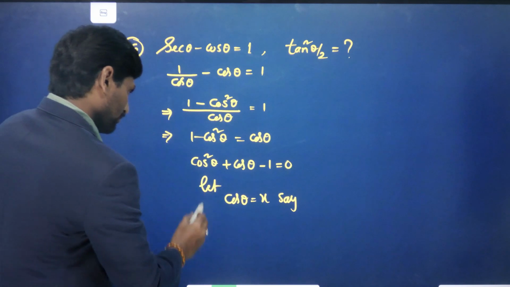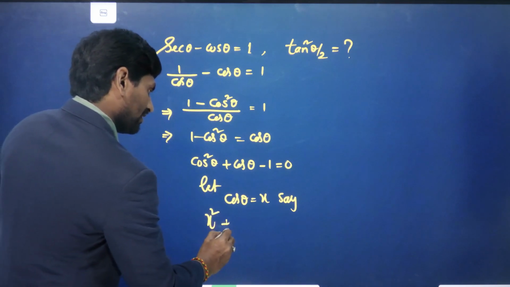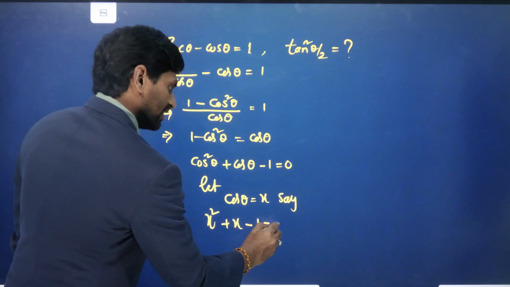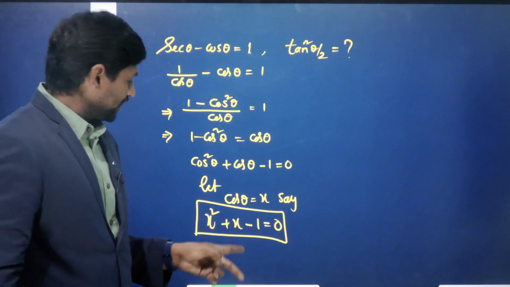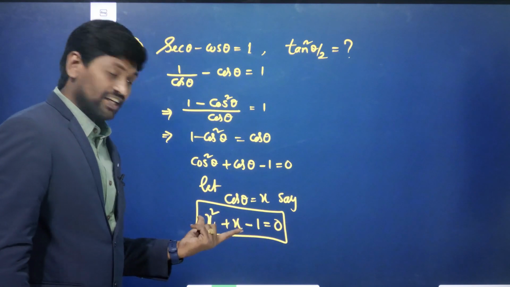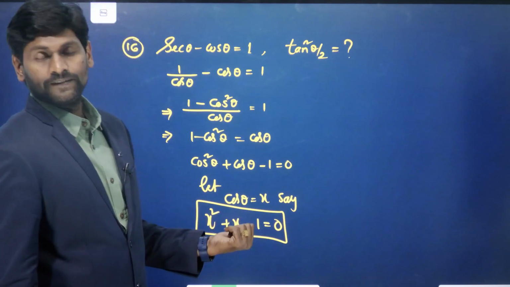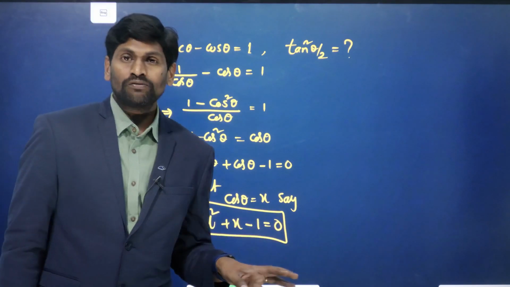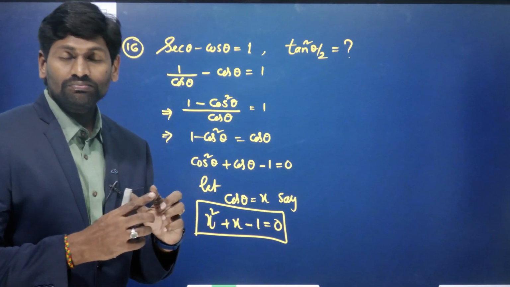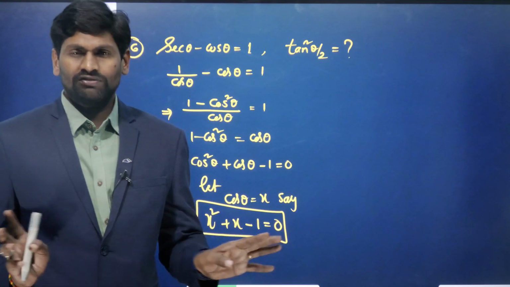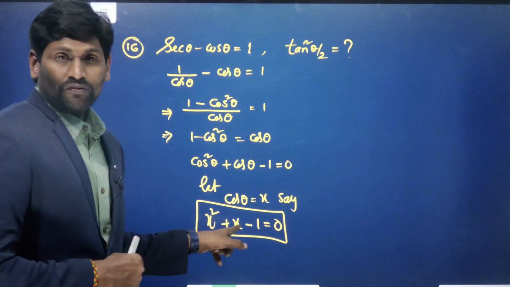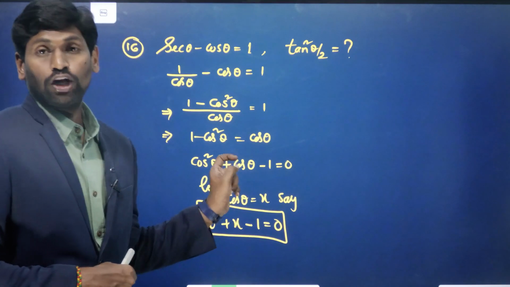So this will be x square plus x minus 1 equals 0. To find the x value, we need to simplify this quadratic equation. We can simplify it by splitting the middle term, or by using the quadratic formula, or the completing square method. Any one of the methods works, but we are using the quadratic formula here.